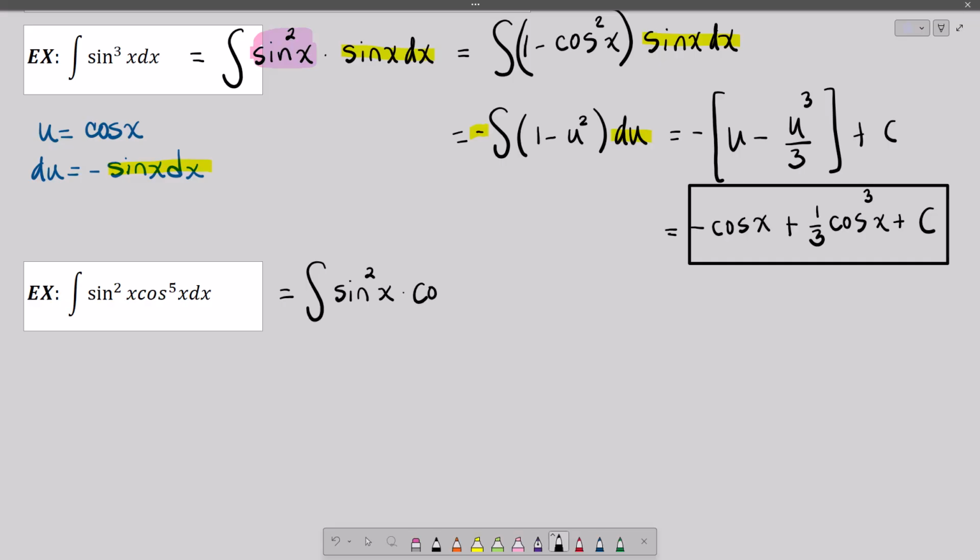But the cosines, we're going to pull one off, group it over with the differential. So that we pulled one off. These are left behind. These are leftovers. So we pulled one off. Now we've got these leftovers. We need to convert them into what function?